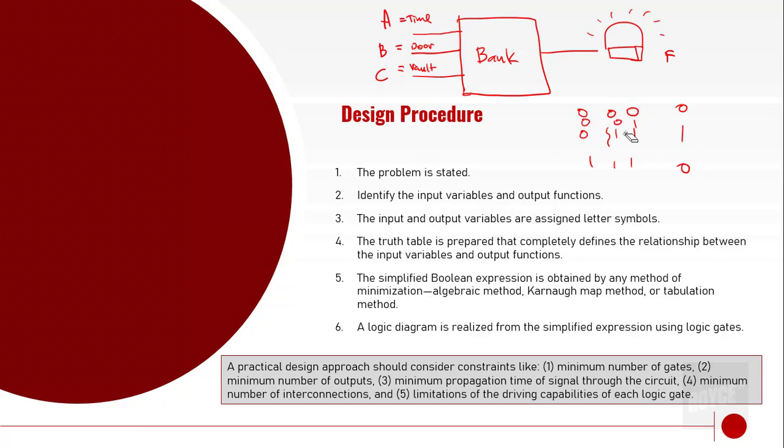After that, if you already have a truth table, you can treat it as any other logic circuits. After the truth table, we're gonna obtain the simplified Boolean expression. Now, dito na papasok yung inyong mga techniques. So, kung master in algebra ka, you can do the algebraic method.